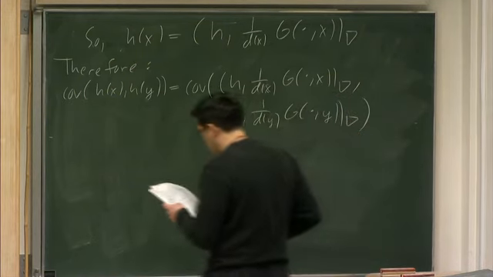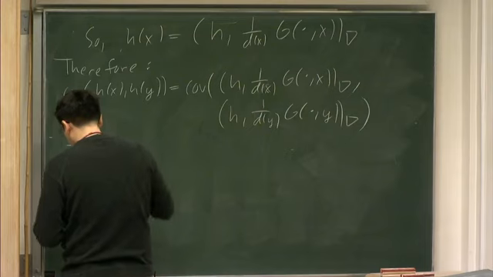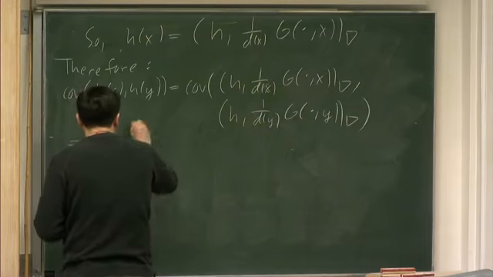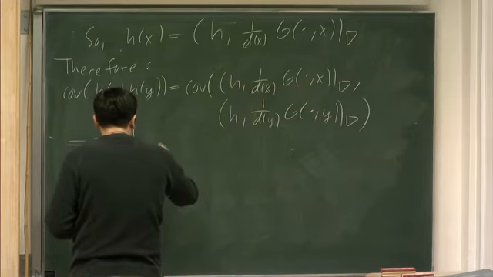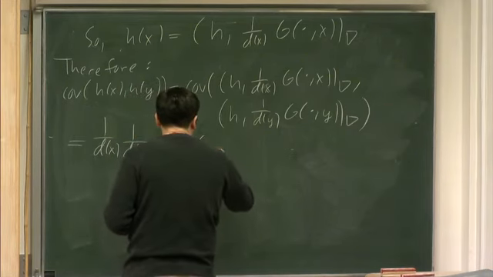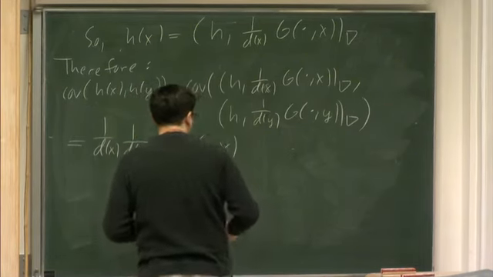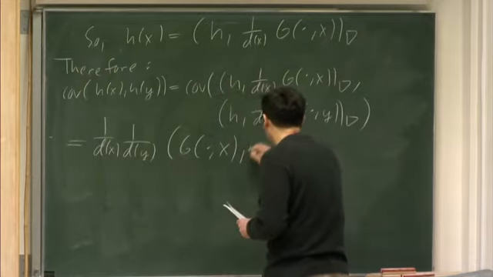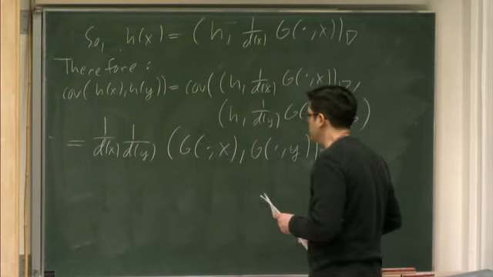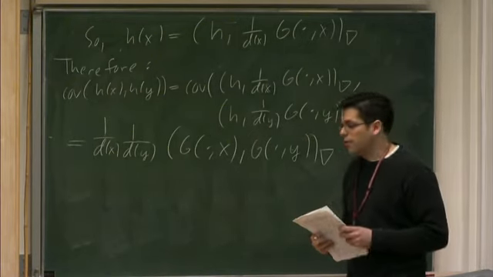And by our formula from earlier, we know that this is equal to 1 over d of x, 1 over d of y, and then we have the inner product of g, thought of as a function in its first variable, and the same thing for y, with respect to our discrete Dirichlet inner product.